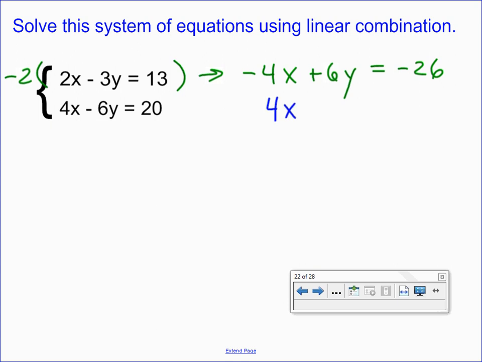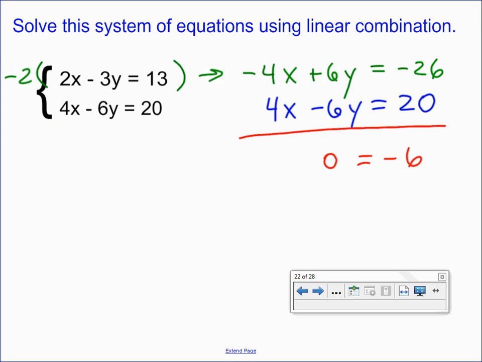So 4x minus 6y equals 20. Now when I go for my favorite step, adding the 2 equations together, negative 4x plus 4x is 0. Plus 6y minus 6y is also 0. So on the left-hand side of this equation, I get 0. However, on the right-hand side of the equation, I get negative 6.